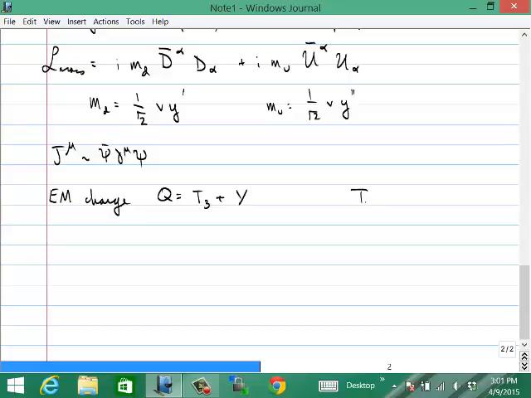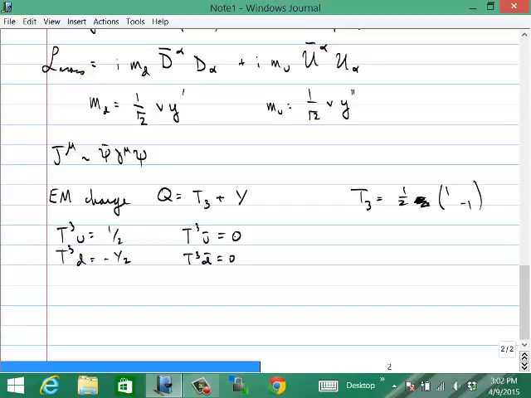Remembering that T3 was just 1/2 times the Pauli matrix sigma 3, for example, T3 on the up quark is 1/2, and T3 on the down quark is -1/2, just because those were the upper and lower components of the SU(2) doublet. On the up bar and down bar, these were equal to 0 because those didn't sit inside an SU(2) doublet.